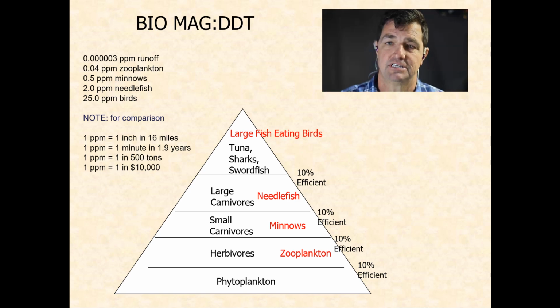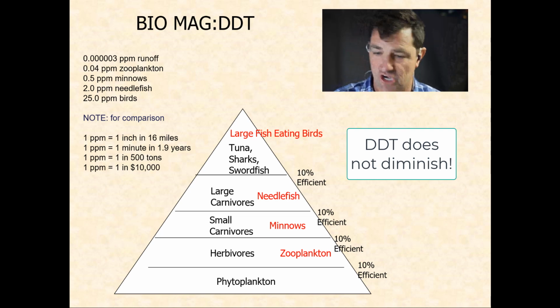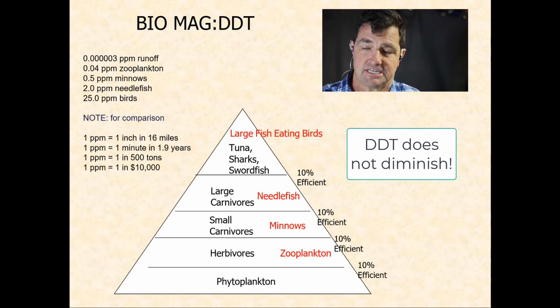However, DDT does not operate that same way. Since DDT is a fat-soluble pesticide and is not being broken down, it doesn't follow that same loss of 90% like the energy does.